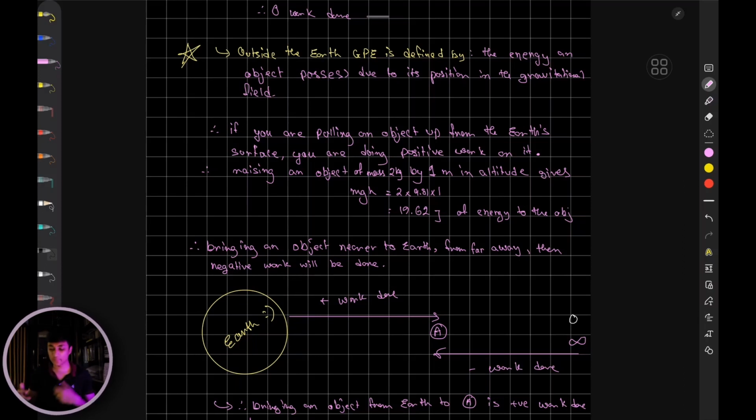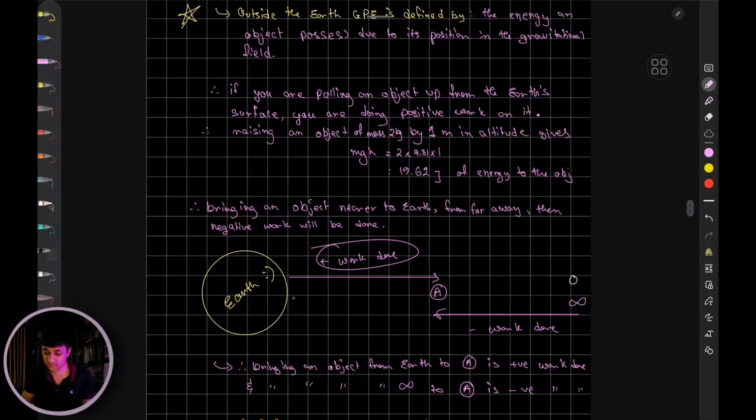So we are putting work into the pen to lift it up by a distance. Therefore, we're putting in energy. We are doing positive work on the object.